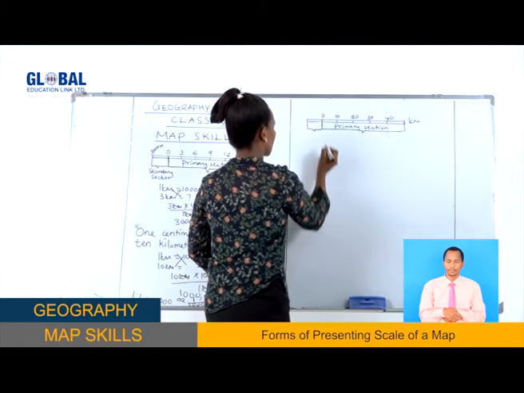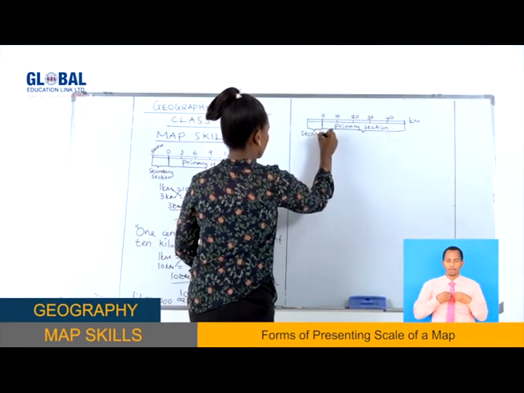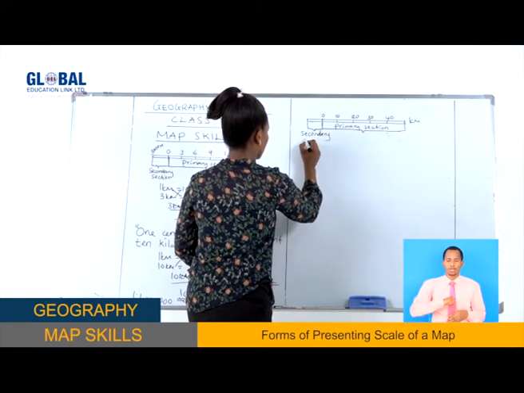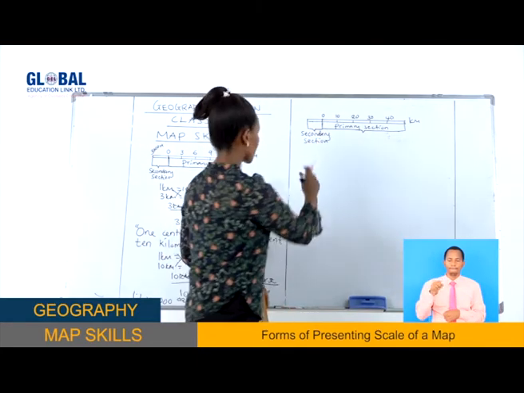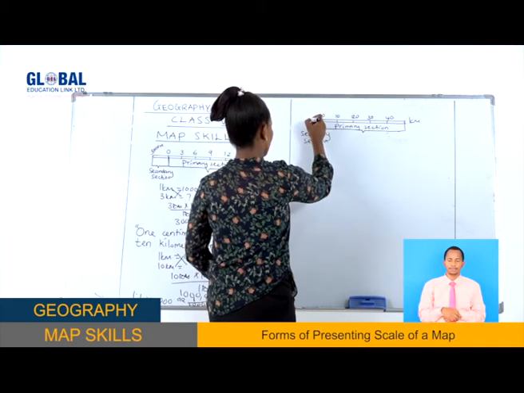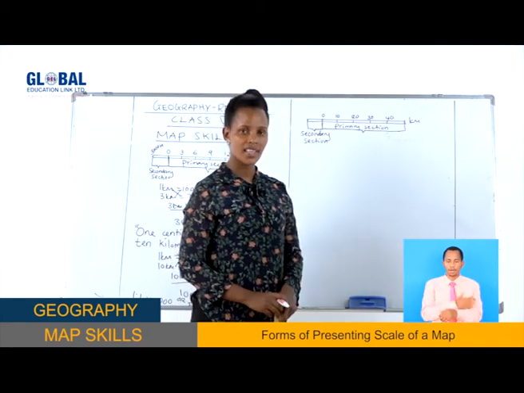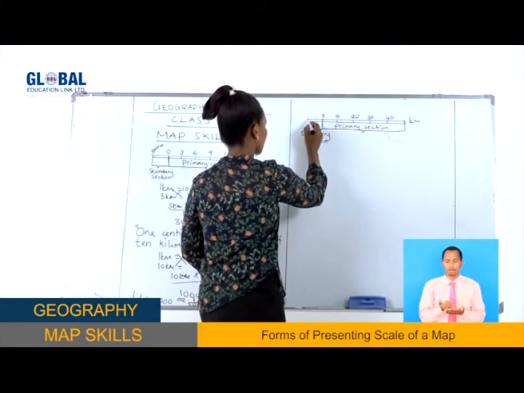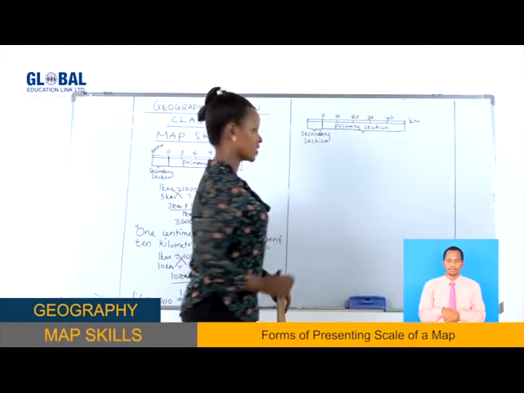And this side, it should be represented in meters. The secondary section, as I said, is represented in meters. So then this 1 centimeter is equal to how many meters?